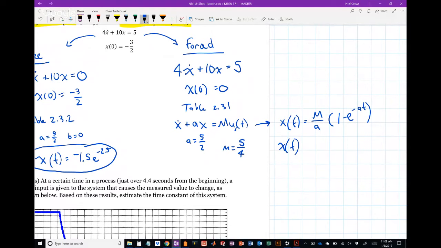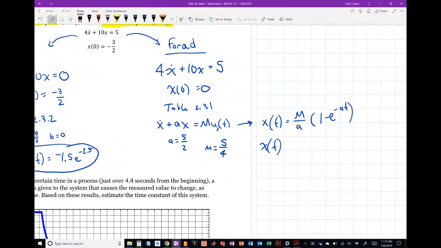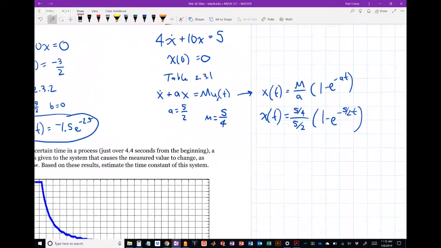Now remember, this is just the forced response: 5/4 divided by 5/2 times 1 minus e to the negative 5 over 2t. Okay, so that is our forced response.